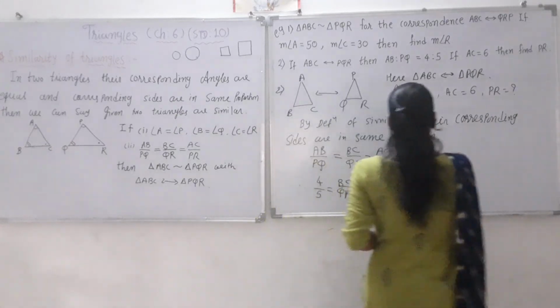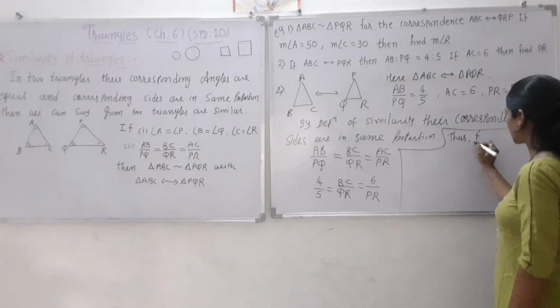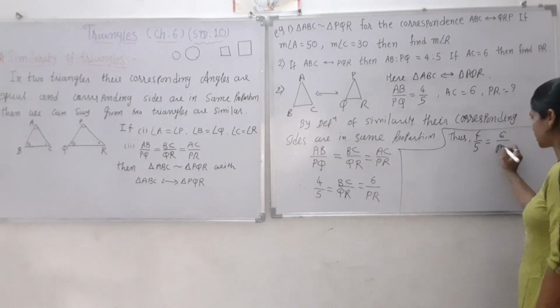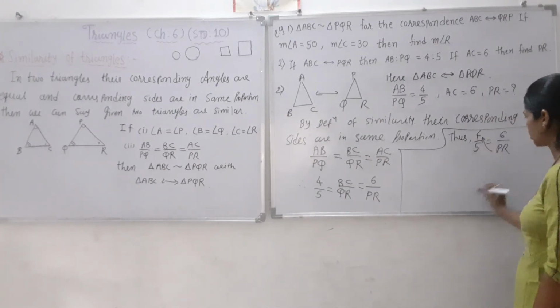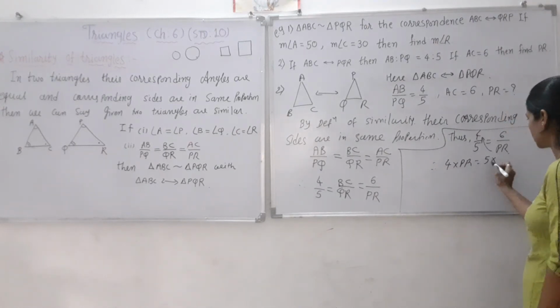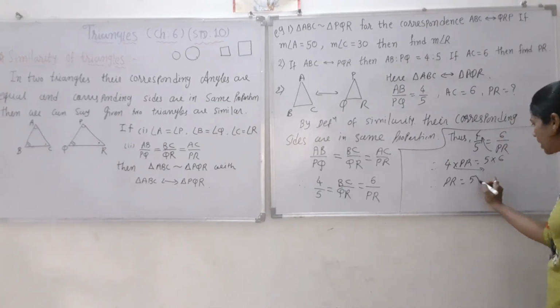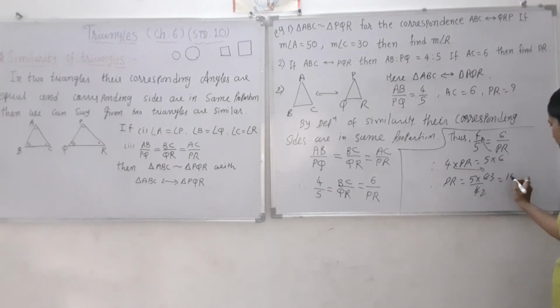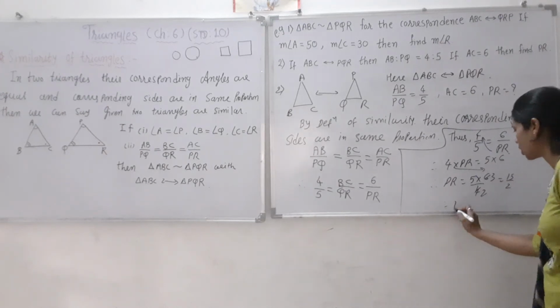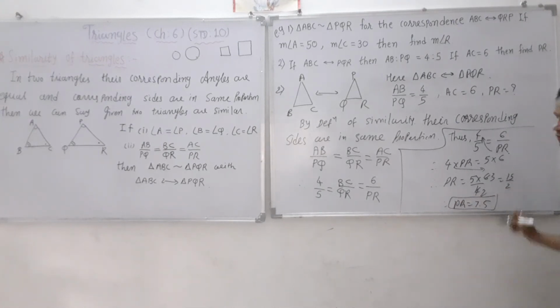So you can write 4 upon 5 is equal to 6 upon PR. Change sides: 4 into PR is equal to 5 into 6. Change side of 4, so PR is equal to 5 into 6 upon 4. 2 2s are 4, 2 3s are 6. So 15 upon 2. So your PR becomes 7.5, or you can write 15 by 2. This is your answer.